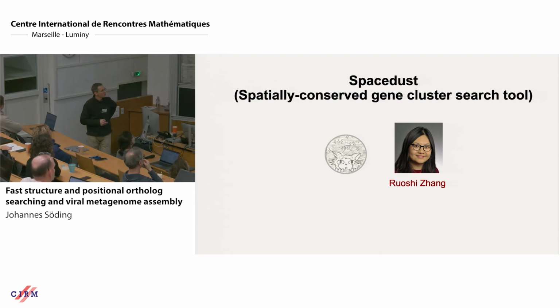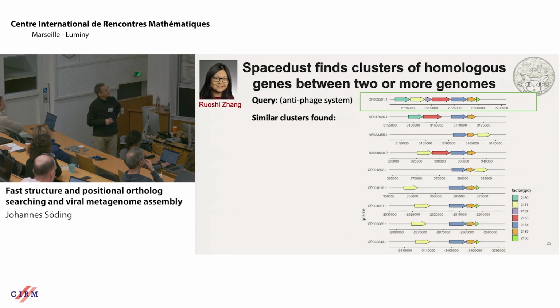So one way we apply this is in a tool that's called SpaceStas. Here the goal is very different. So in principle, this doesn't have anything to do with protein structures, but we use FoldSeek to enhance it, basically. So the idea here is that a lot of information on the function of proteins for prokaryotes, for viruses, and for some simpler eukaryotes is contained in their genomic context.